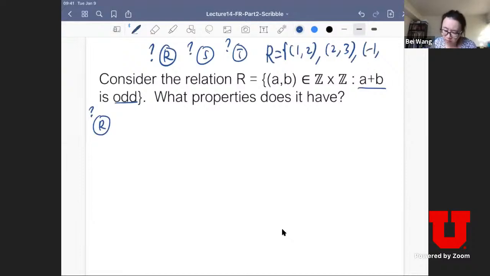And (-1, 2) is also part of the relation because their sum is 1, which is odd, and so on and so forth. So this gives you some hint about what sort of property you have. As I mentioned, (1, 1) is not in this relation, which means it's not reflexive, okay?